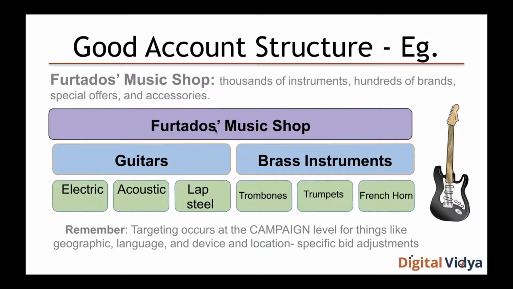What will happen is, if you are running this account, in this ad group you have all the keywords related to electric guitar. What kind of keywords can you have in this electric guitar ad group? Electric guitars, yes. What else? Guitar.